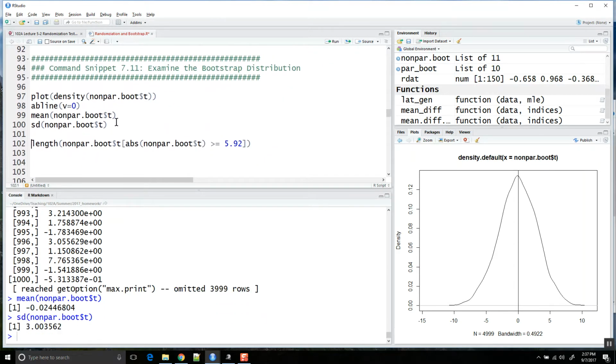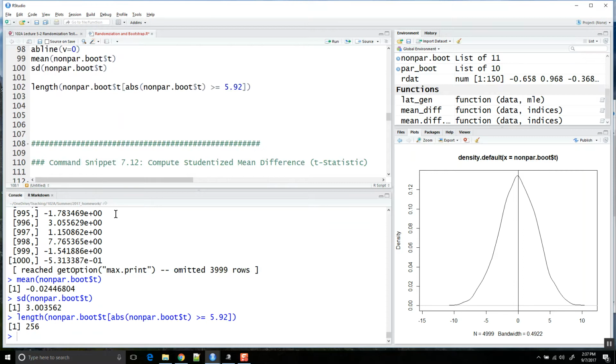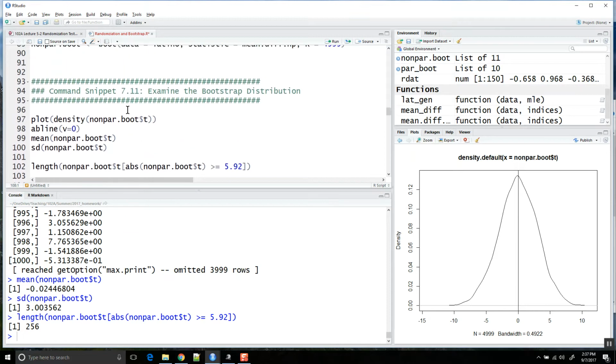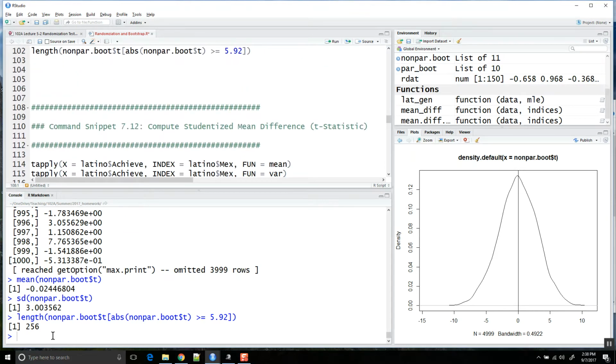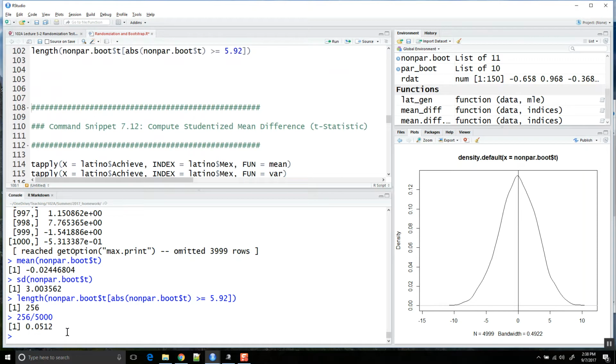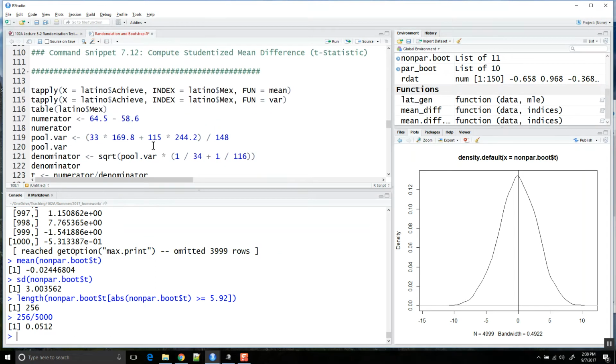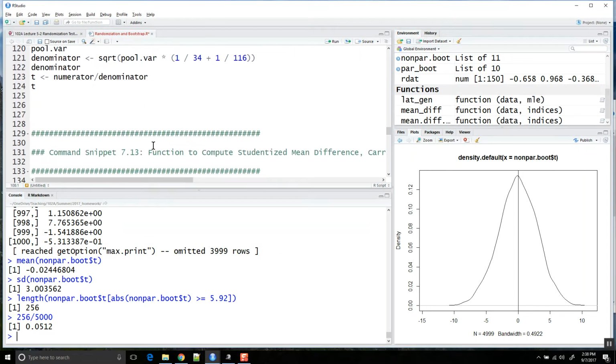So again, the mean and the standard deviation is that. And so we got 256 out of our 5,000 repetitions. So we do 256 divided by 5,000. And this happens about 5% of the time. Okay. And so this is non-parametric bootstrap.